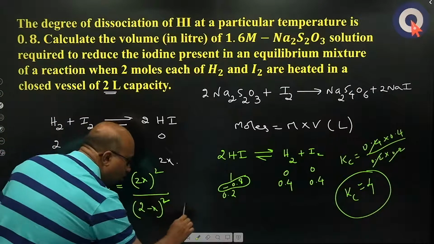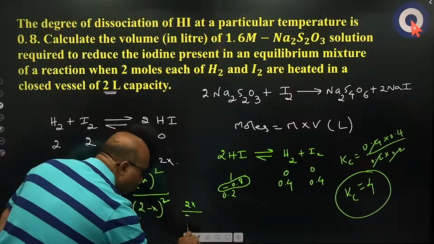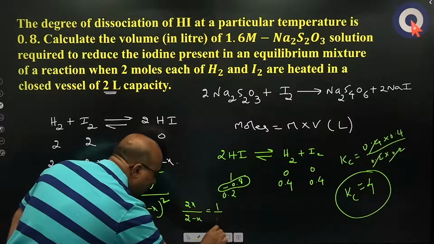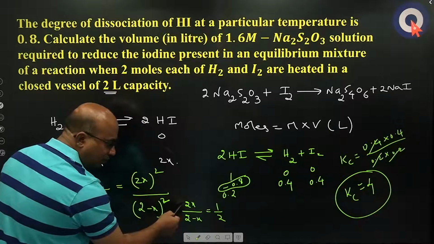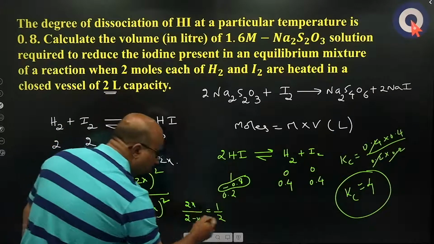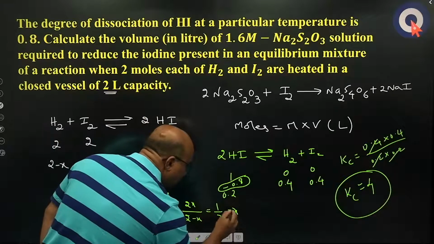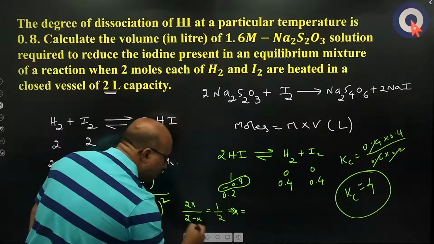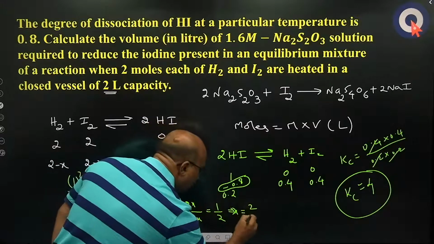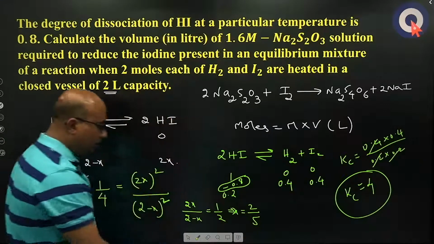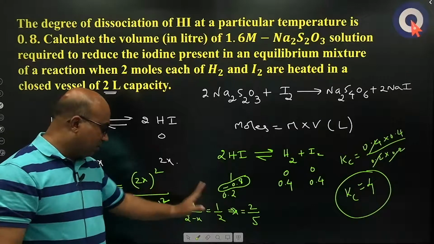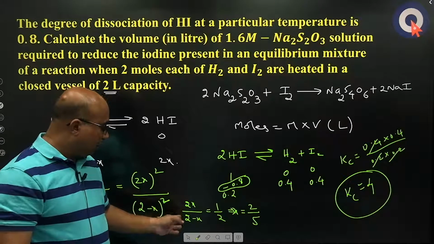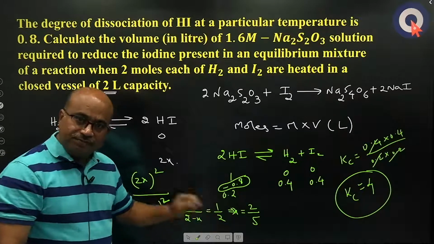It's nothing but 2x by (2 minus x) equals 1 by 2. So this becomes 4x equals 2 minus x, and the x comes over and becomes 5x. So the x value is 2 by 5.